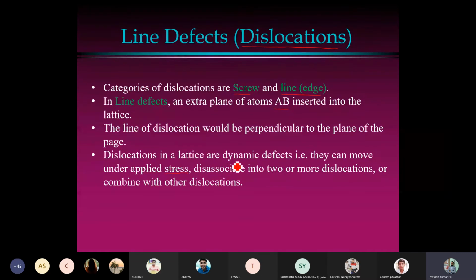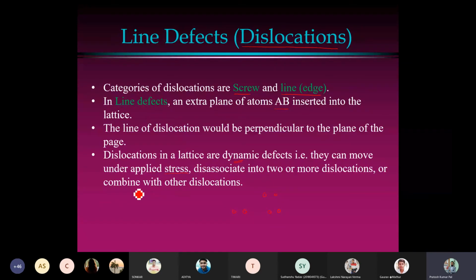So somehow, like, one dislocation is here. After applying some stress, the dislocations may have moved. Or it is associated with some other atom, and this has association with some other, so there can be some dissociation. This can move from here and combine with another atom to form a dislocation, or more dislocations, or can combine with other dislocations.